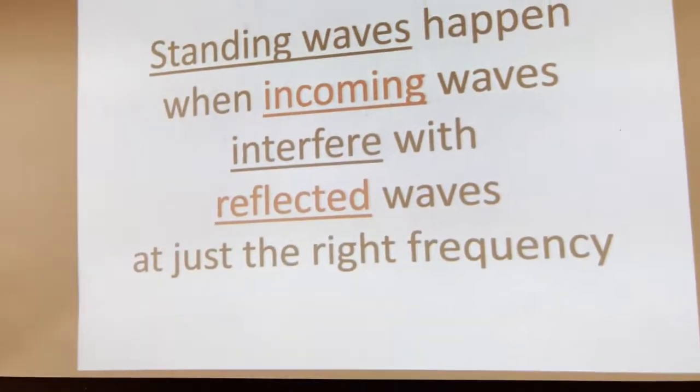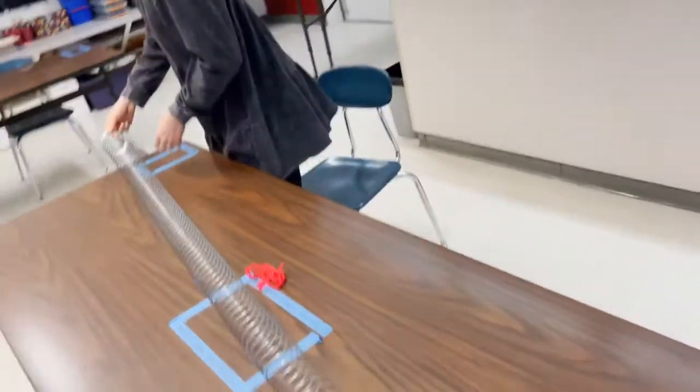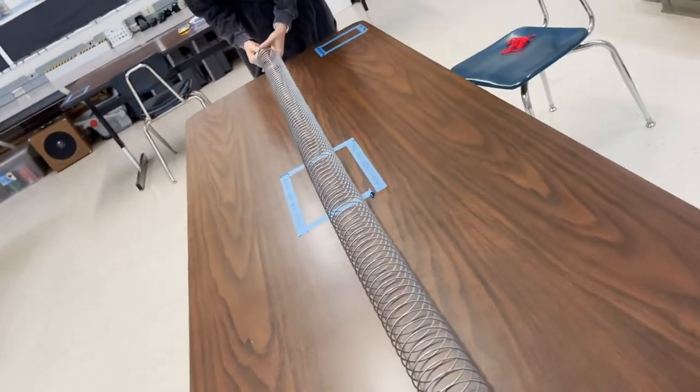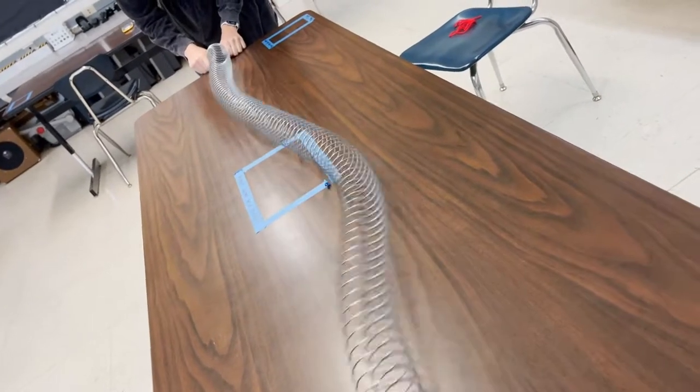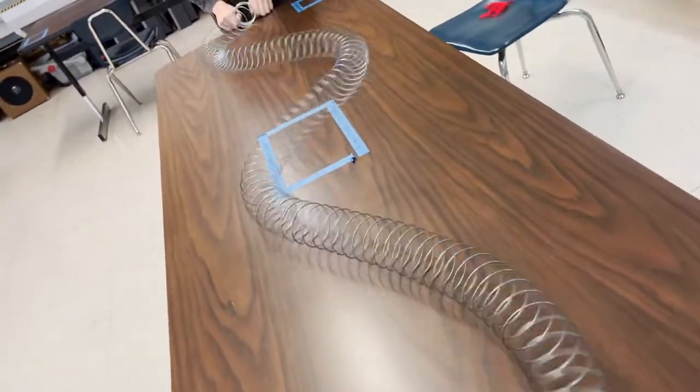Next slide has to do with standing waves. Let's play with the slinky again. Slinky time! All right, so you hold that steady, and I'm going to send a pulse.